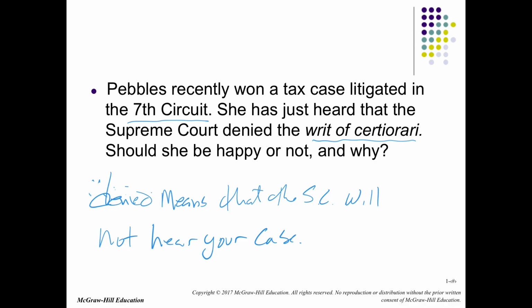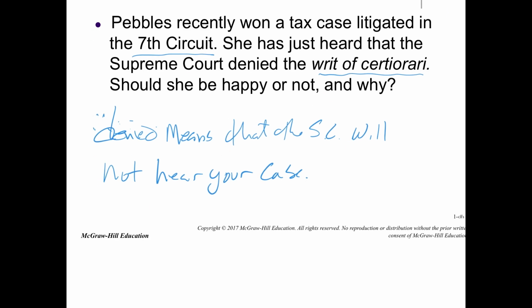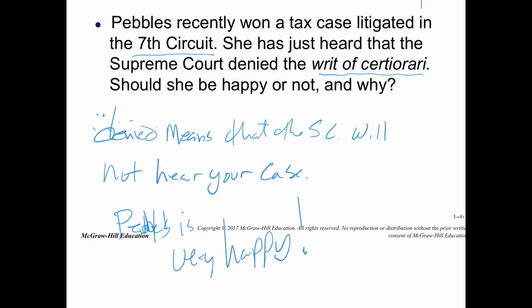So Pebbles has won on appeal, and the Supreme Court is not going to hear it. That means she's done. The IRS can no longer come after her for that issue. So Pebbles is very happy.